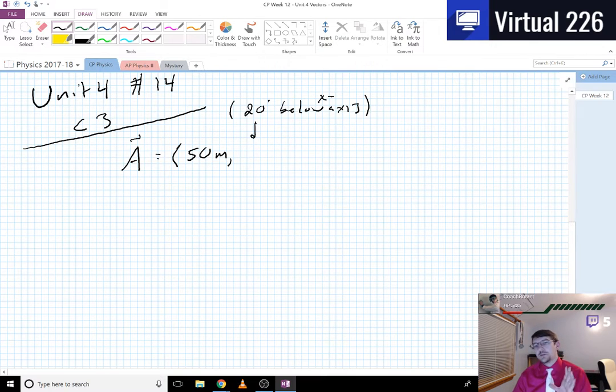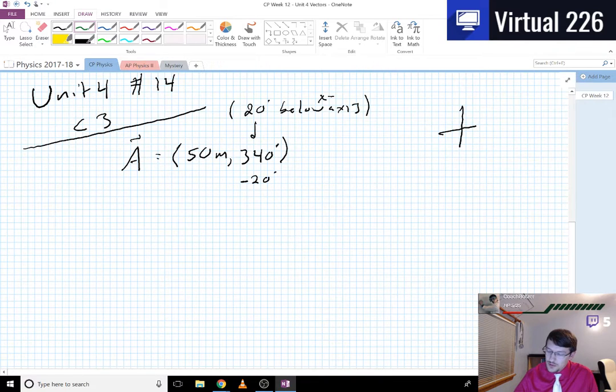Okay, 20 degrees below the x-axis we could write in two ways. We could either write that as 340 degrees if we're assuming that we're in quadrant 4, or we could write this as negative 20 degrees. Remember, if you're going around the unit circle counterclockwise, that's the positive direction. Clockwise is the negative direction, so that's how we can get the negative 20. Let's just stick with the 340 though.